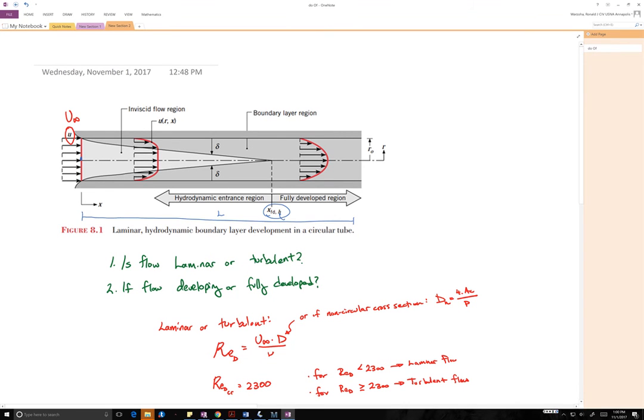What you can see here is that at any location, the magnitude of the temperatures at the location are represented by these arrows. So if our temperature is varying in the radial direction, then we need to be able to define a mean temperature. And so what we usually use are mean temperatures at the outlet and mean temperatures at the inlet.